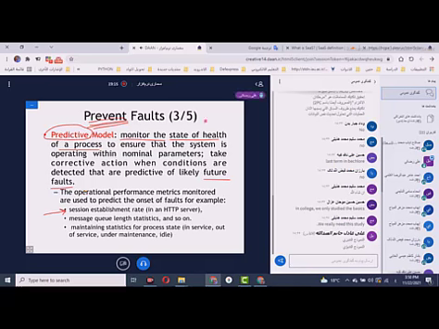Please, everyone, read this important slide. Let me tell you, many of my graduate students are currently working on these predictive models. You can see their papers online and study their works.